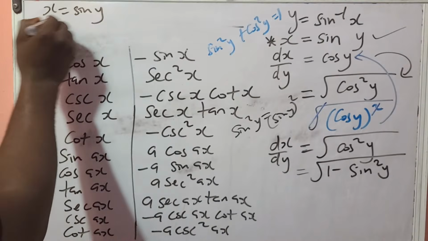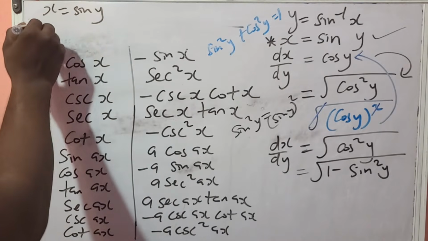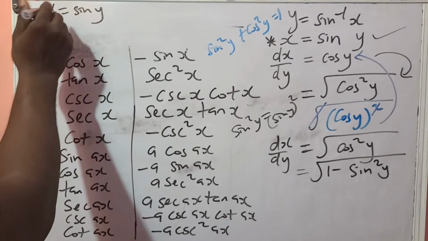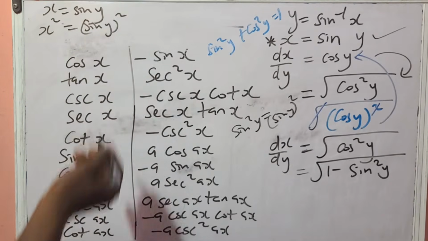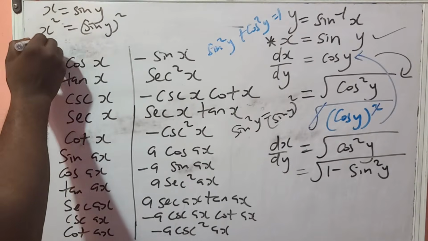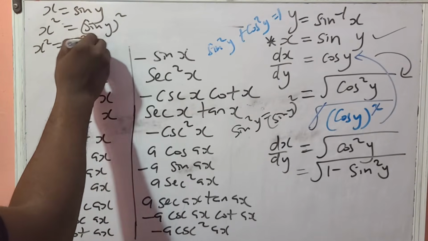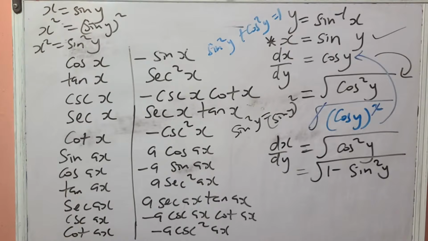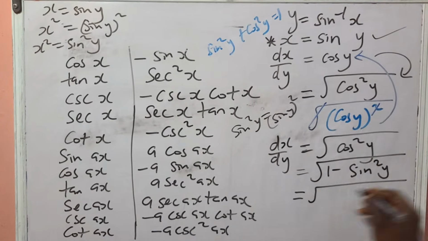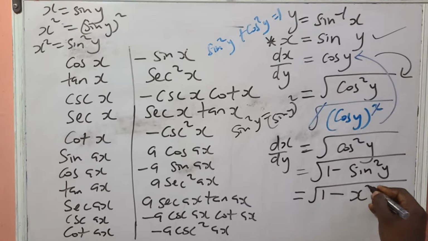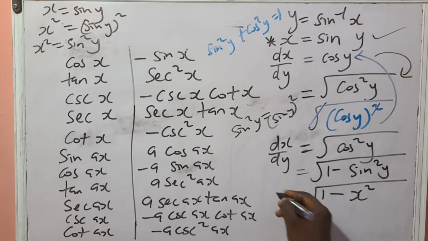So I'm sure you agree with me that x square will be equal to sine y all square. And that means that x square is sine square y. So wherever I have sine square y here, I can put x square. So I can write this as equal to the square root of 1 minus x square. Don't forget this was dx over dy.